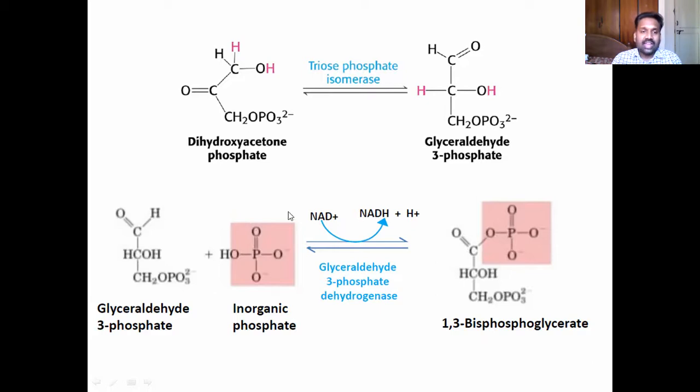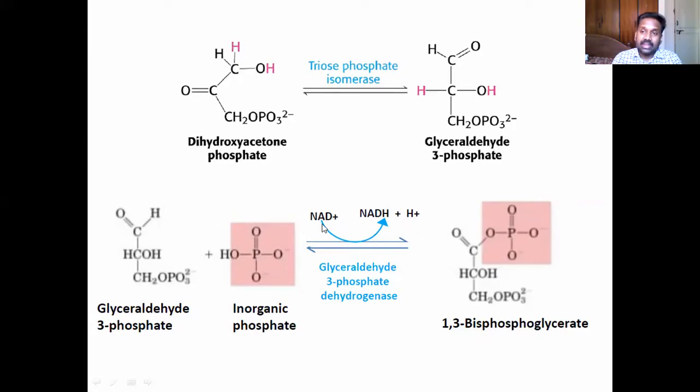Okay. So the oxidation of the aldehyde group to carboxylic acid is taking place. Therefore, an oxidizing agent is required, and that is NAD plus. And you all know the chemistry of redox reactions. Is it not? An oxidizing agent, during the reaction, gets reduced. A reducing agent gets oxidized.